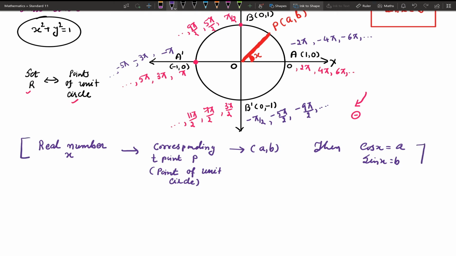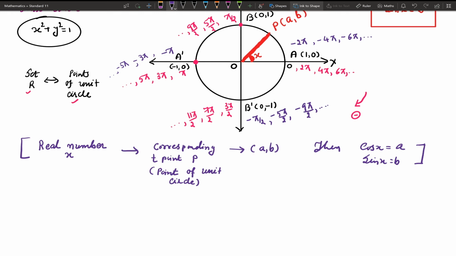we will try to read the unit circle. You follow this basic concept and you know how to read this unit circle. Again I repeat, real number x, corresponding T point.